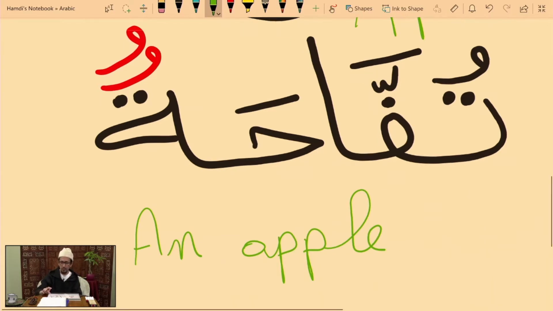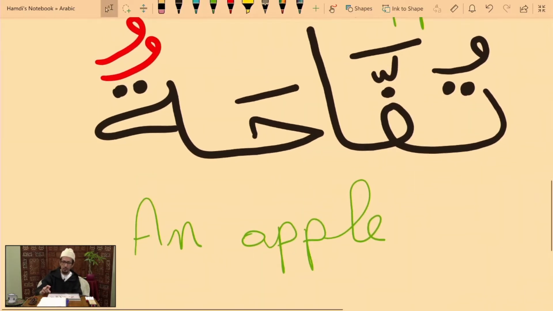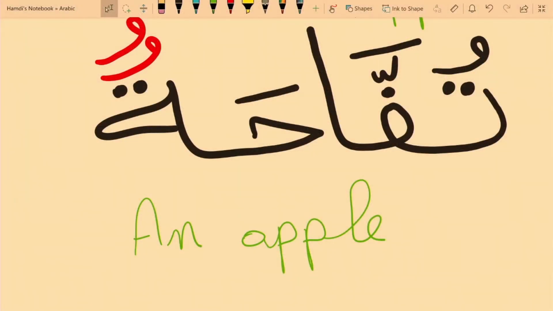So whenever you find a double movement, you will only find it at the end of the word. You will never find the movement doubled like that in the beginning or in the middle of the word. It is always at the end of the word.